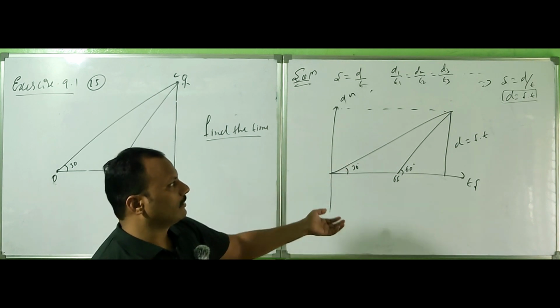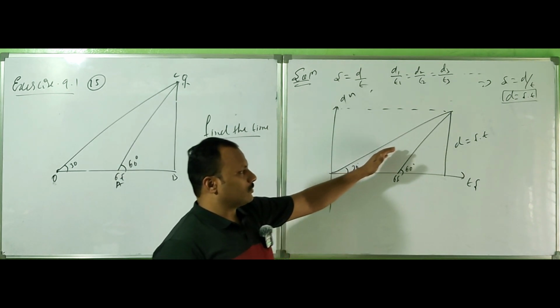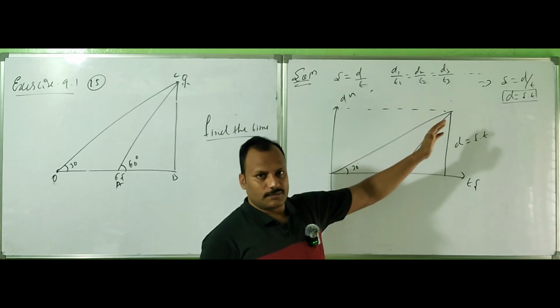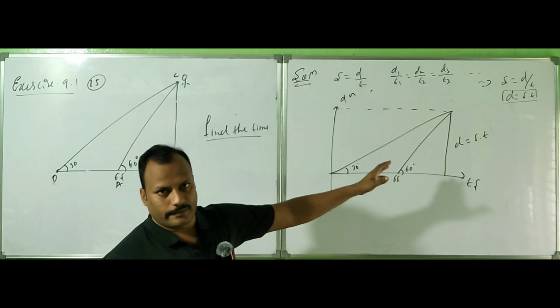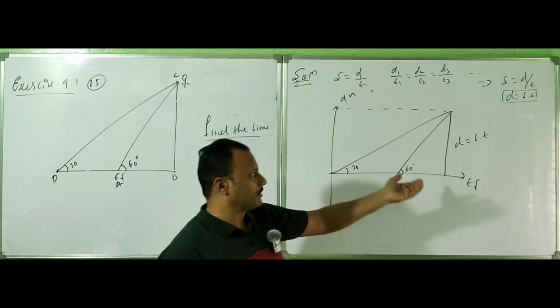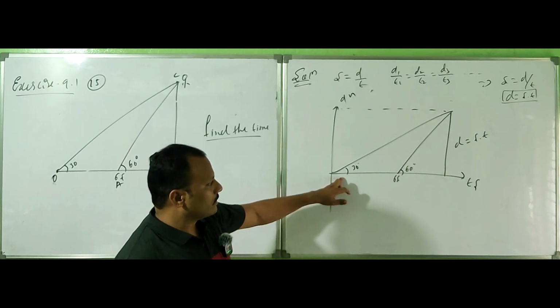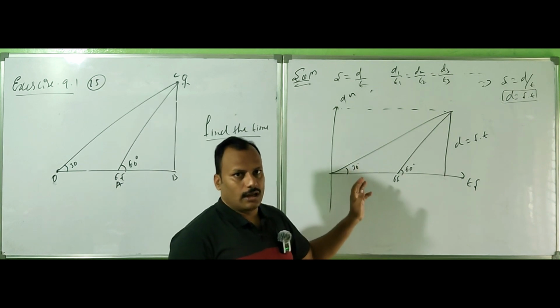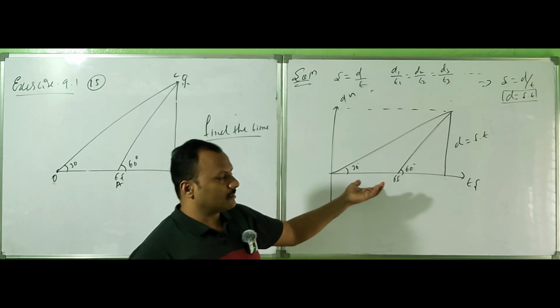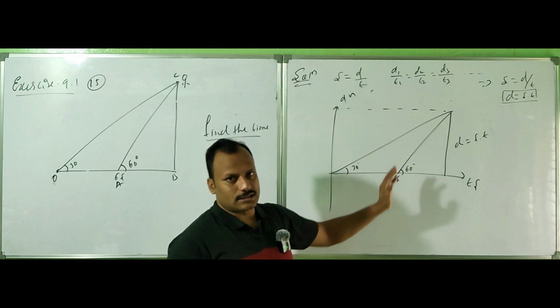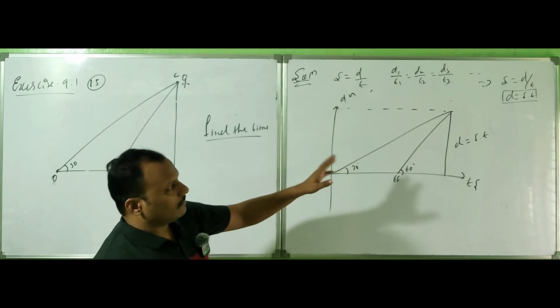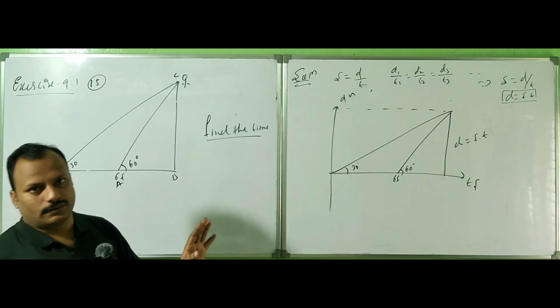If the car is slower, distance also increases, time also increases. Time and distance are directly proportional. If time increases, distance increases. D is the speed into time.